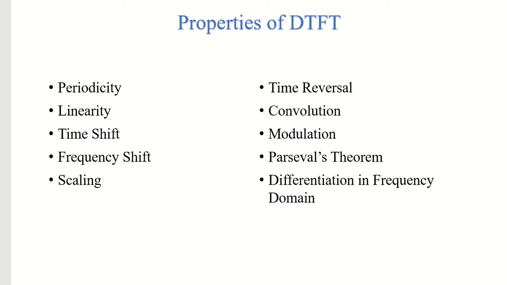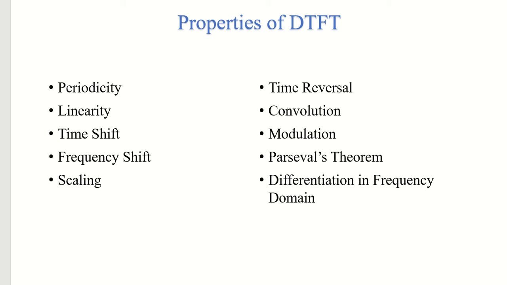Now we can also use the time shifting property here. If I delay my signal by some n0 number of samples, then my discrete time Fourier transform will get affected as well. Let's say I have a signal y of n equals x of n minus n0.